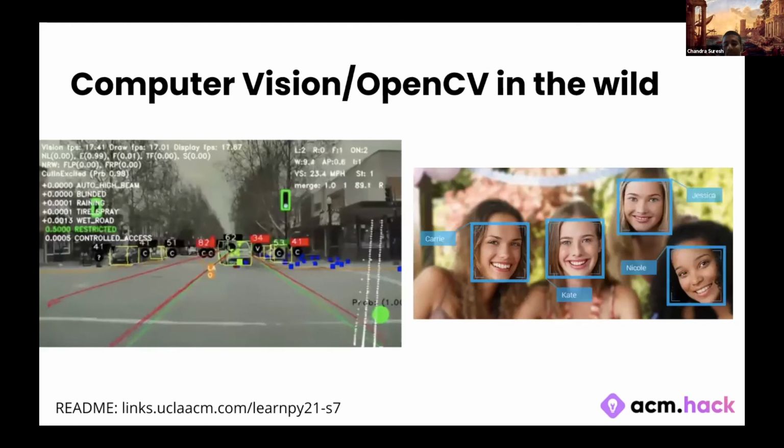Just a little bit of context for what you can do with OpenCV and computer vision in a broader sense. Here on the left, we have a picture of what you might have heard of as the Tesla autopilot, like self-driving cars. This is actually what the camera sees, one of the self-driving car cameras, and how it takes just an image and is able to detect all this information from it.